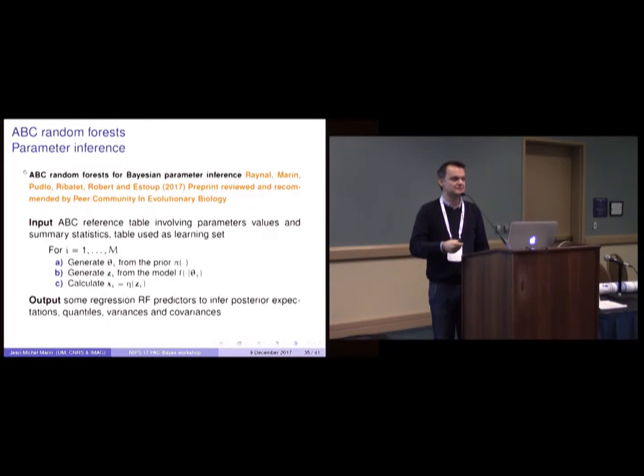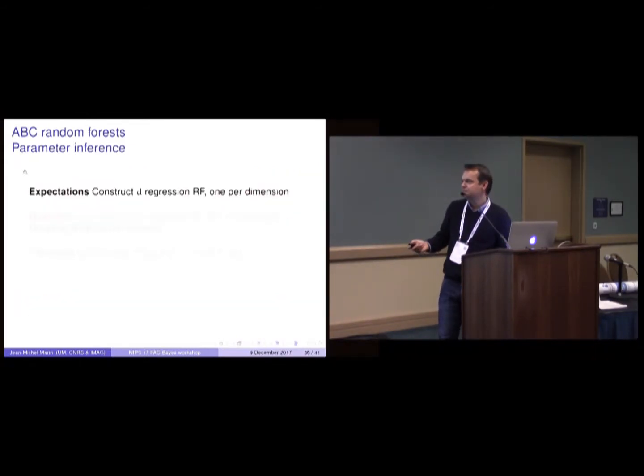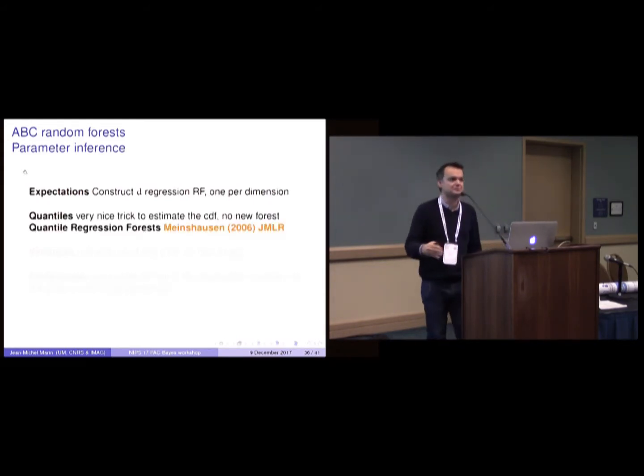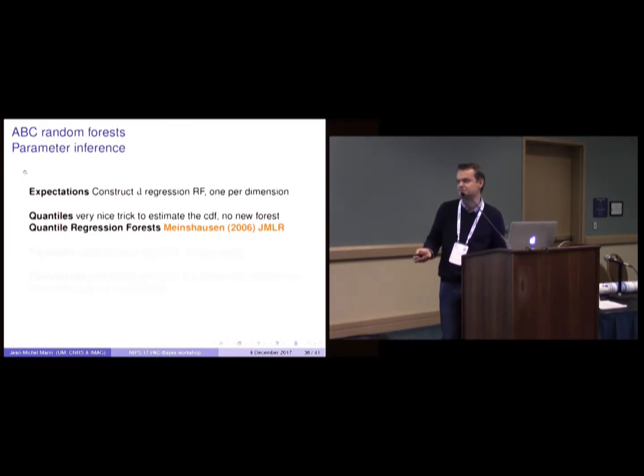If I am interested in posterior expectation, and my parameter is in dimension d, I construct d regression random forests, one per dimension. If I would like to estimate some quantile in order to have a confidence interval or credible set, we use a quantile regression forest, the clever method of Meinshausen.